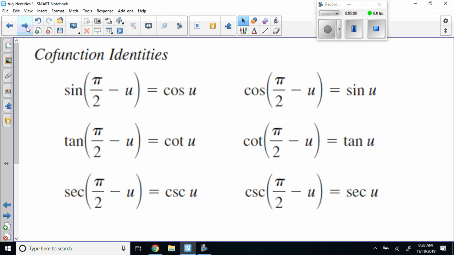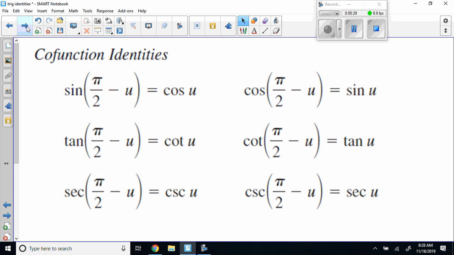So co-function identities. You remember when we said that the only difference between sine and cosine was a shift of how much? 90 degrees, right? Y'all remember that?